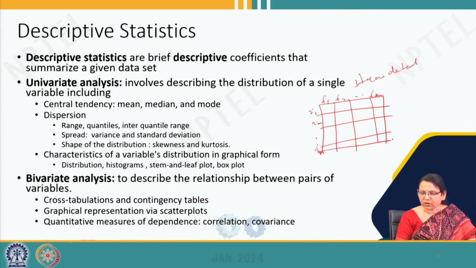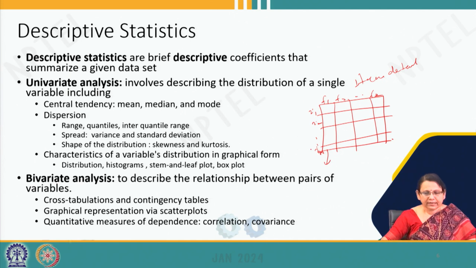Now, when we talk about the characteristics of a particular feature, as an individual feature, we can find out certain descriptive statistics which in a univariate way describe the data. And because there are multiple features, comparing them also we can derive certain statistics.